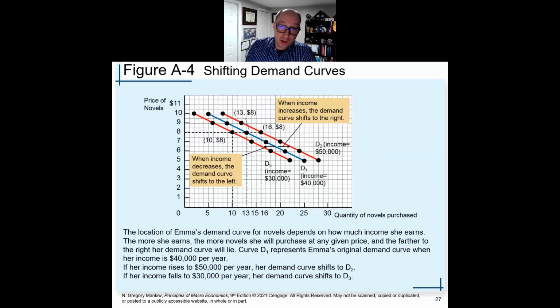When there's a shift in or change in the price, for example, when the price goes up, the demand curve shifts to the right. When the price goes down, the demand curve shifts to the left.